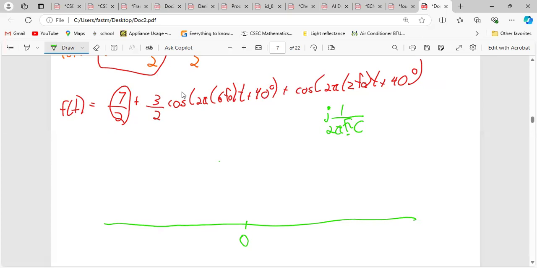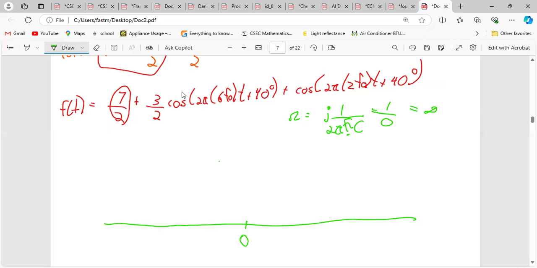If your frequency is zero, you get an open circuit, so no current can flow through that. It's like infinite resistance: one divided by zero, because the frequency is zero, which is infinity.